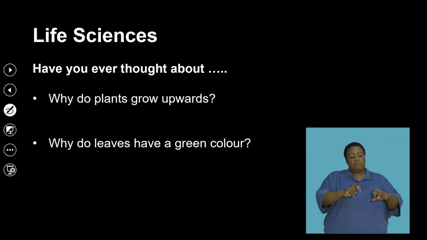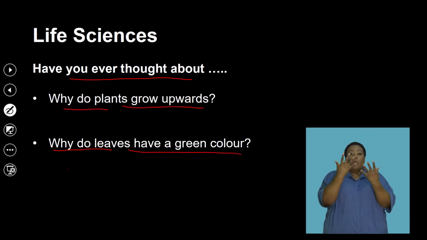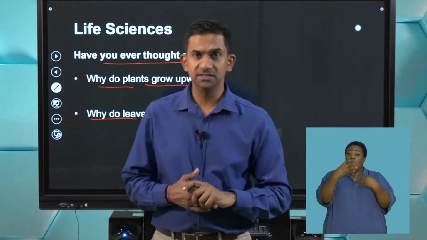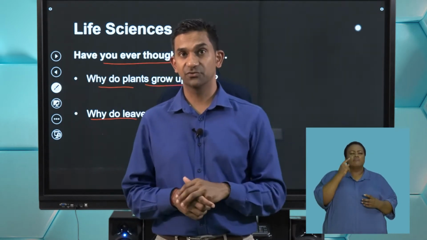So, have you ever thought about the following? Why do plants grow upwards? Or, for that matter, why do leaves have a green color? And often this is a question that we asked, and we've got to figure out, well, what is the explanation for that?